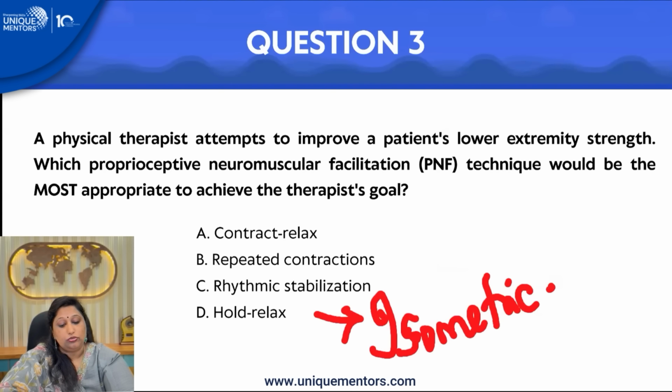So when you give isometric contraction to the range limiting antagonist, the agonist will relax, and you are pushing the limb into the agonist direction, so that will increase the range of motion in the agonist direction. Reciprocal inhibition is the physiology behind contract relax and hold relax.